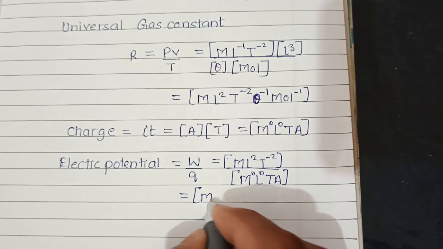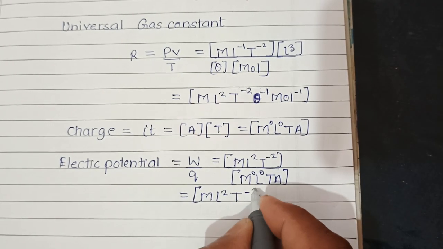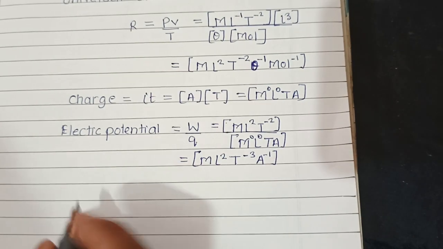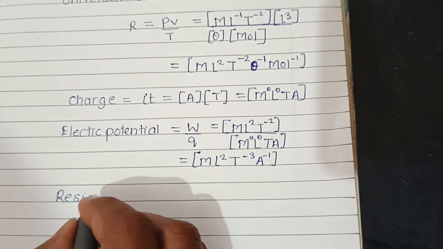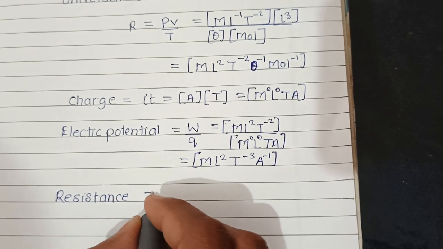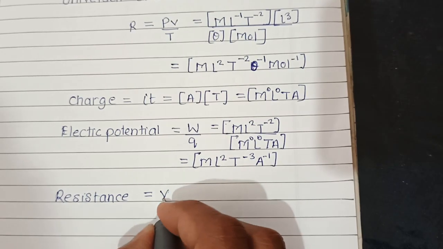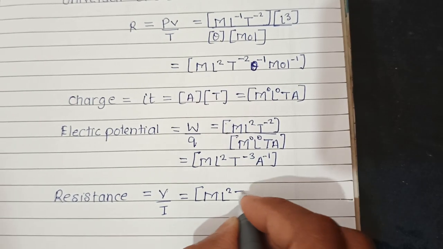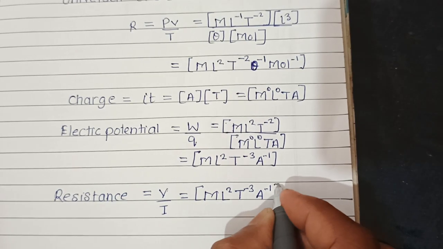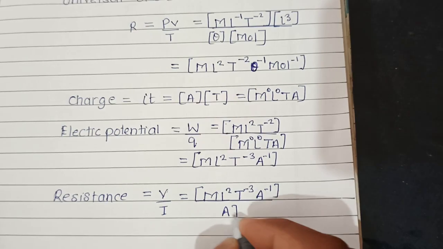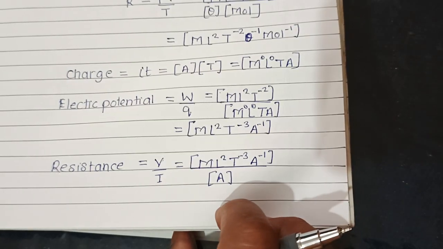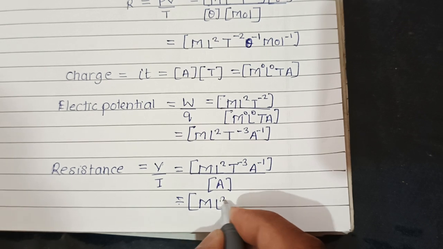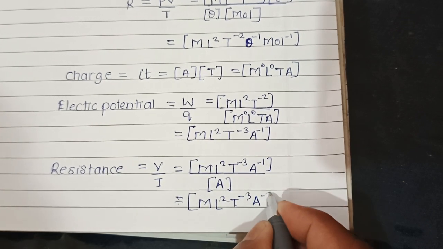M L square T minus 3 A minus 1. Resistance is V upon I. V is M L square T minus 3 A to the power minus 1, and I is A. So we get M L square T minus 3 A to the power minus 2.